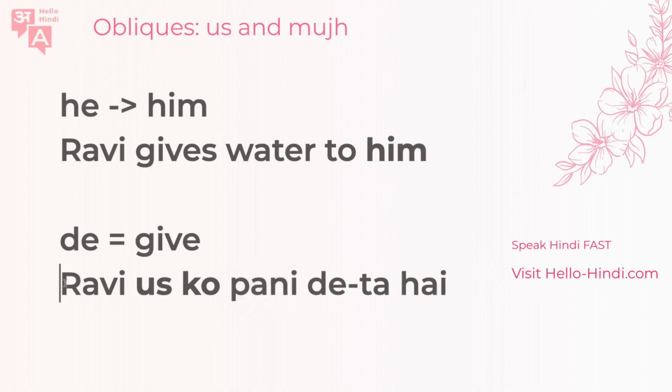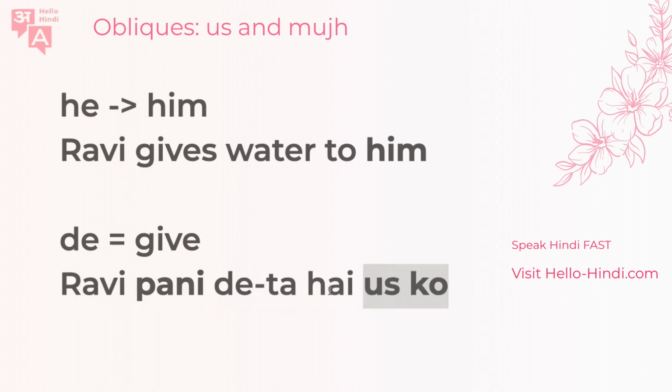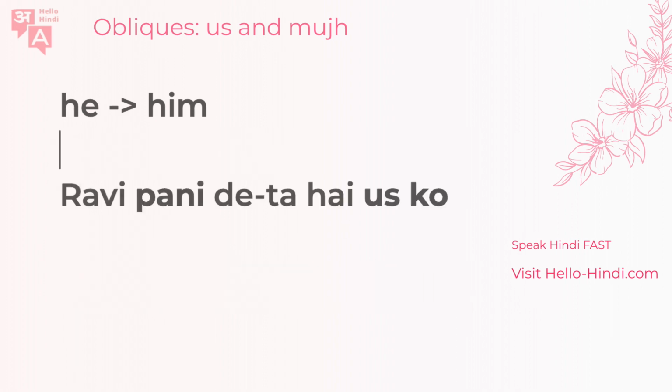It's always in Hindi that we will put the humans in the front. So Ravi to her or to him gives the water. But my suggestion is you want to think about this for the purpose of this session. You want to think about it this way. It'll be much easier for you to understand and construct the sentences. Otherwise, it'll be a little bit harder for you, but you can give it a try if you want to try the other way.